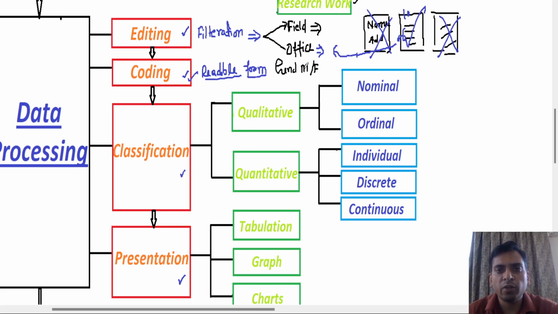The computer will not study male and female; the computer will study numerical form. Male is 1 and female is 2. So we will replace male by 1 and female by 2 in the data. This is coding. And another thing.